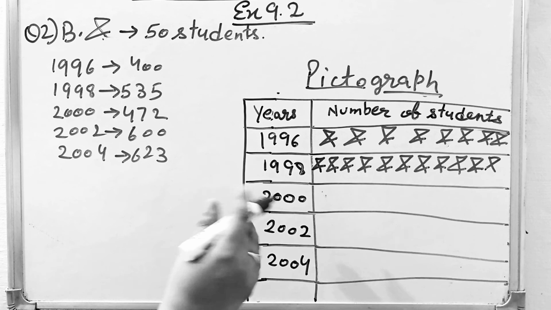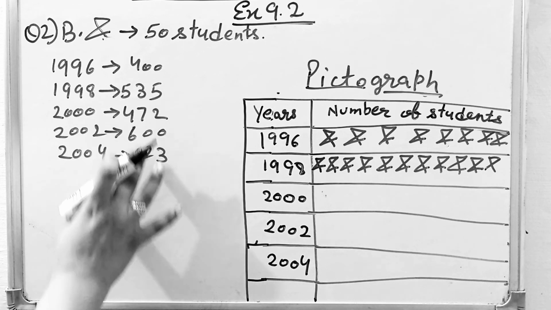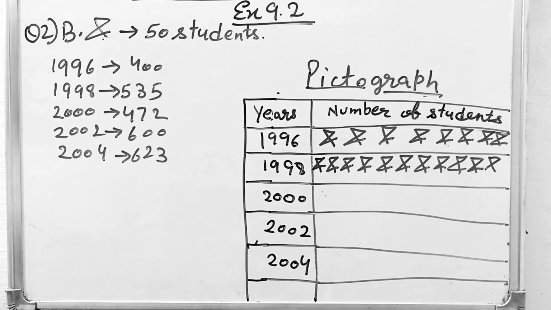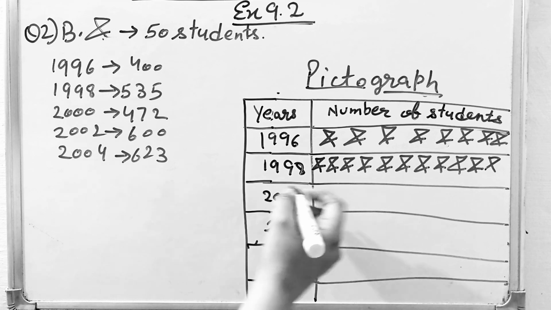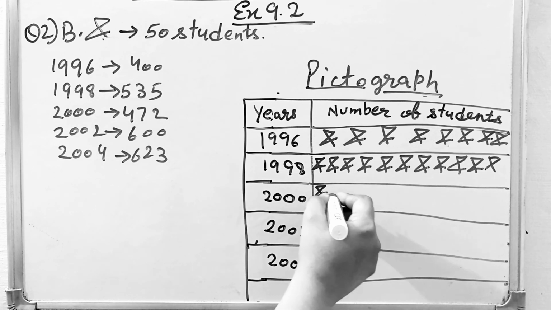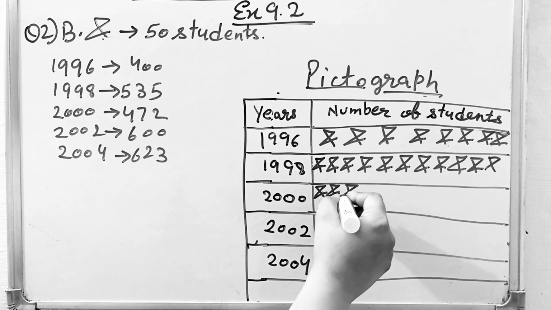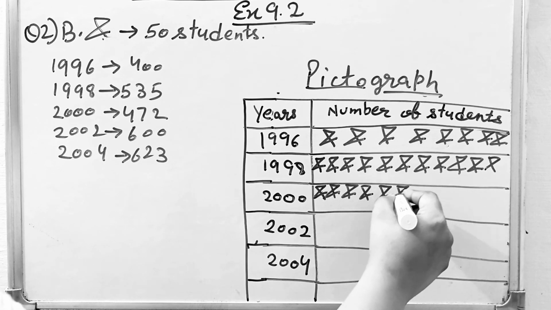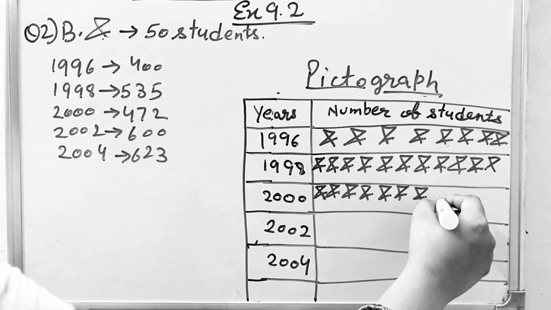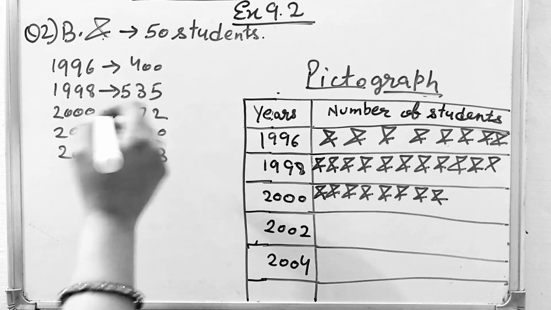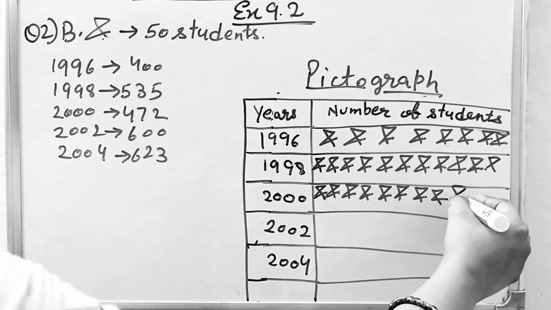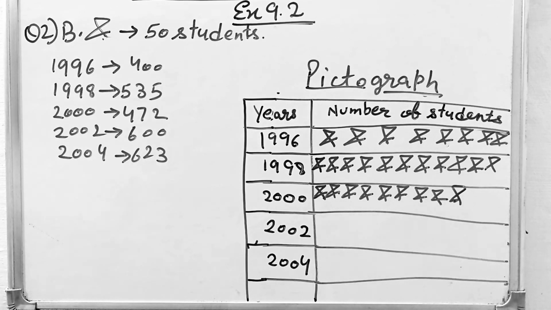Now for 2000, in the same way, we will represent these numbers also. For 400, we have to draw 8 symbols. Now for 72, we will draw this.